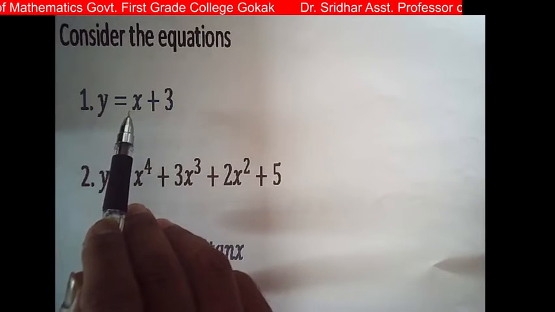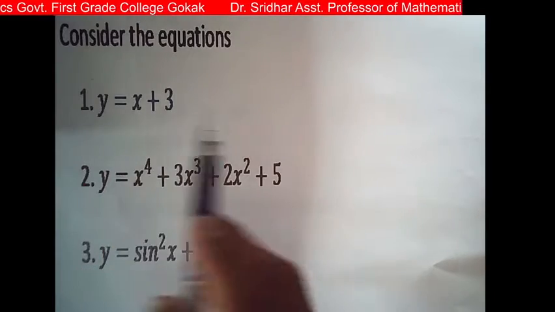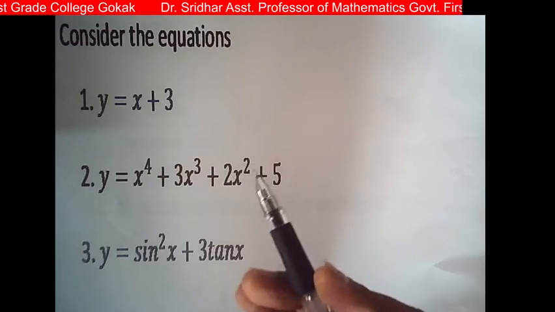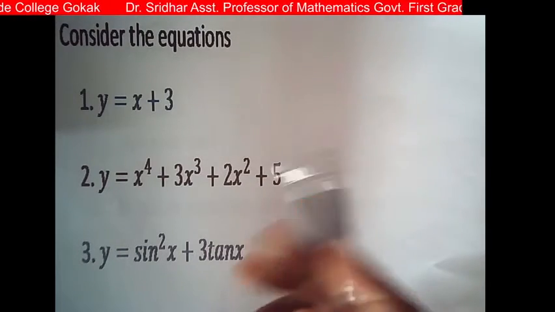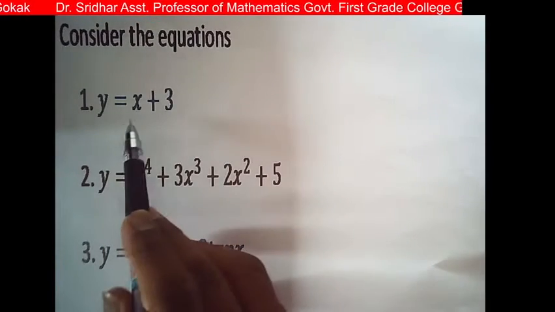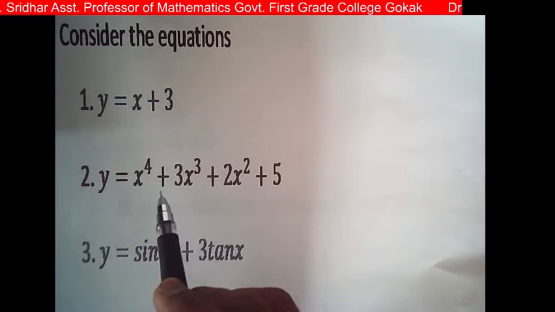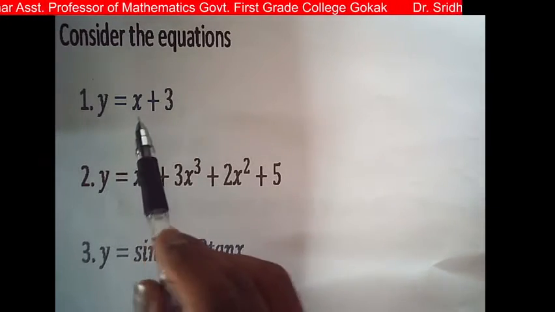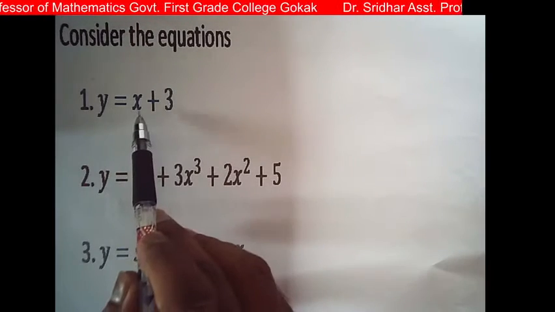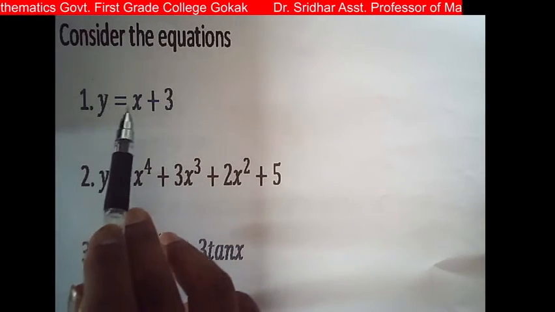So we say that y is dependent on x, but x can take any values. Say x can take 0, 1, 2, 3, 100, 1000. It can take any value. That means it does not depend on any other variable for its values, right? So x is called the independent variable, whereas y depends on the value of x.